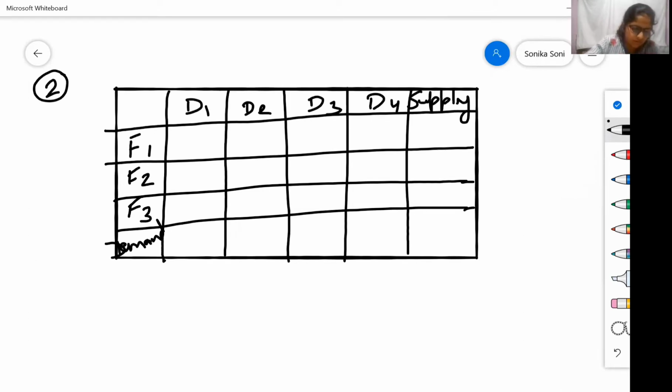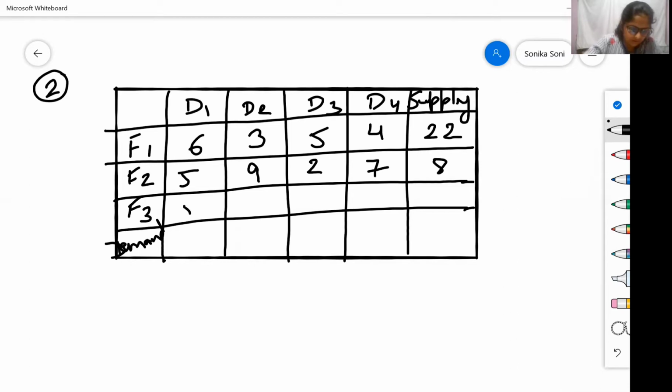So the question we have is, in F1 D1 we have 6, F1 D2 we have 3, F1 D3 we have 5 and in F1 D4 we have 4, and supply as 22. In F2 D1 we have 5 and F2 D2 we have 9. In F2 D3 we have 2, F2 D4 we have 7 and supply as 8.